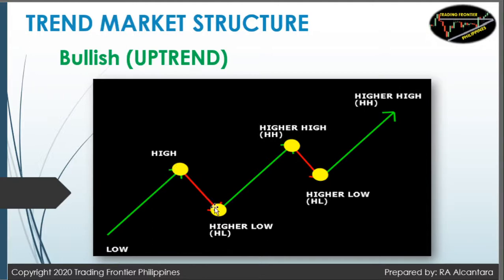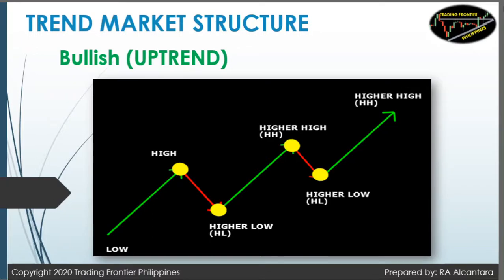And then suddenly the price moved up higher, or what we call a higher high, which means it is higher than your previous high level, and so on and so forth. So ideally this is what? An ideal or perfect bullish uptrend market.